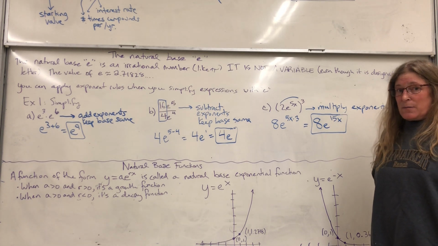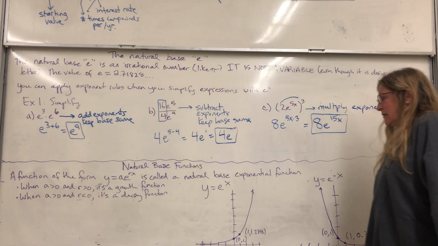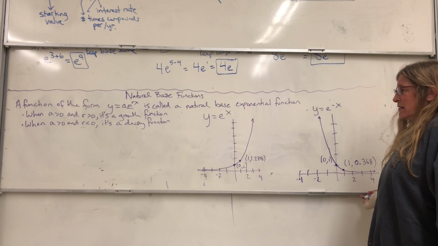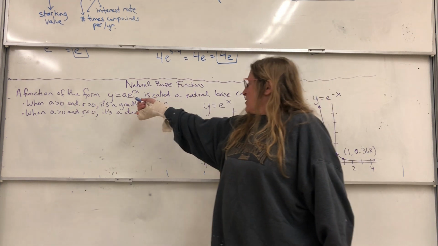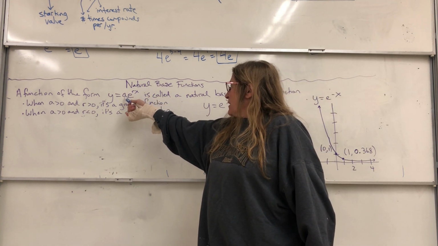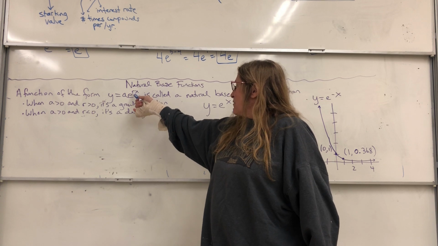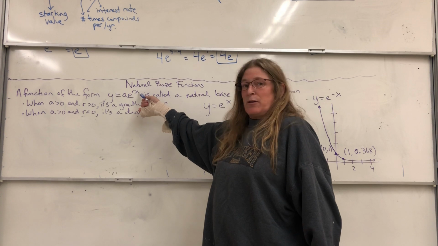So anyone curious about what a graph of an exponential function with base e looks like? Well, here we are. In general, notice I've got my a, which is my starting value, and then this time my exponent has some sort of rate of growth or decay, and then I have a variable x.